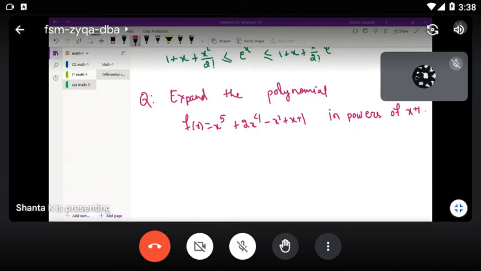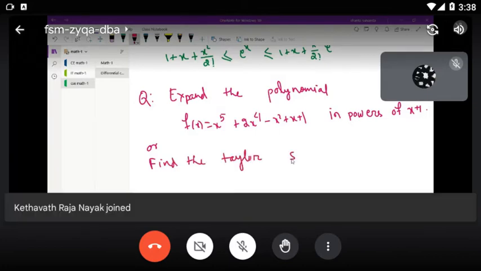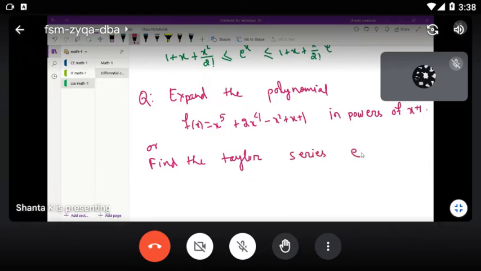This question is the same as: obtain the Taylor series expansion of f of x about the point x equals minus 1, or find the Taylor series expansion of f of x about x equals minus 1. These are similar things.